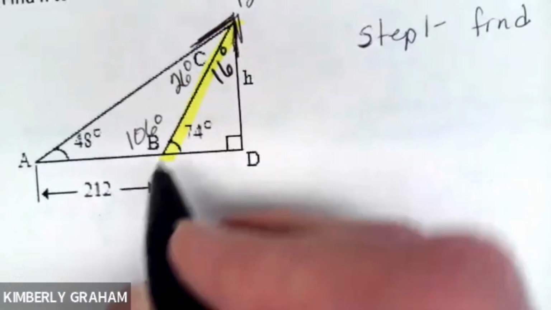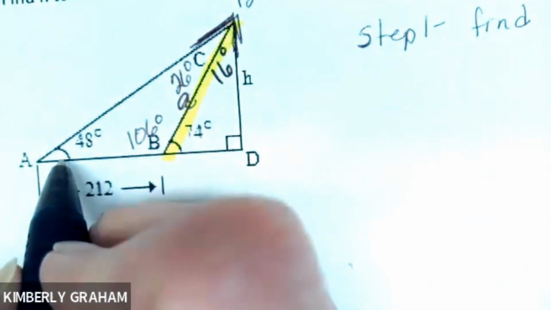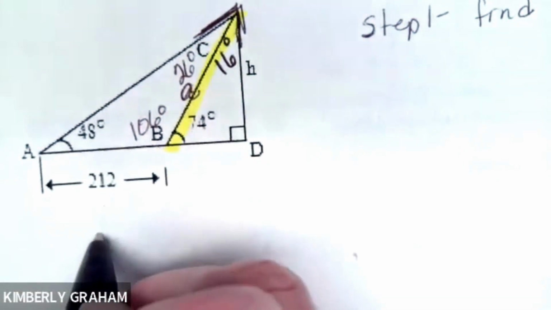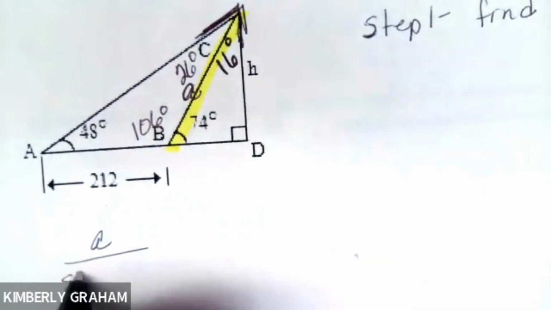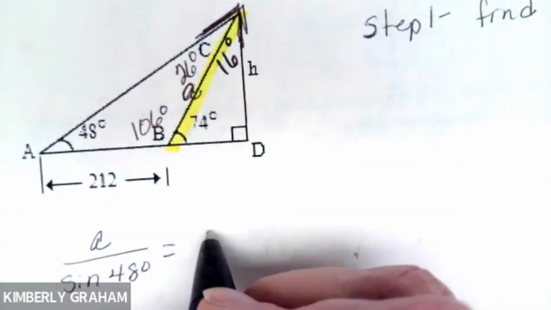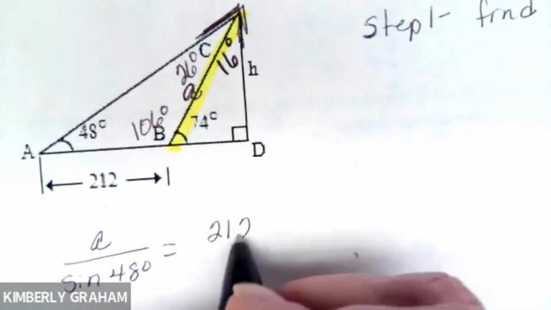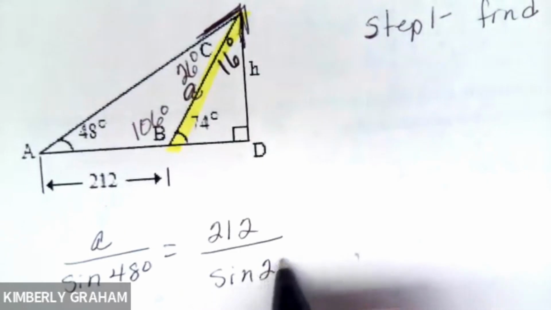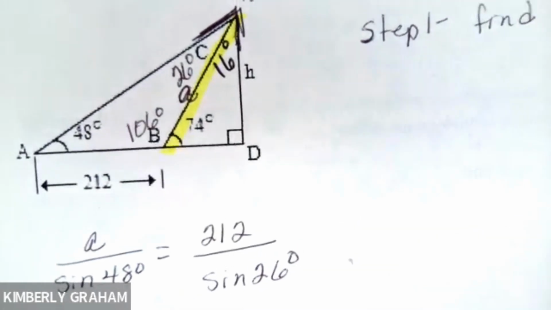Let me call this side A, because it's opposite of angle A. So I'm going to have A over sine of 48 degrees equals 212 over the sine of 26 degrees.